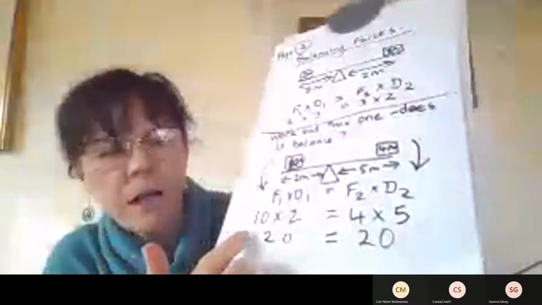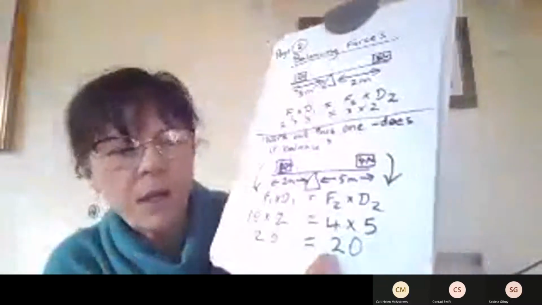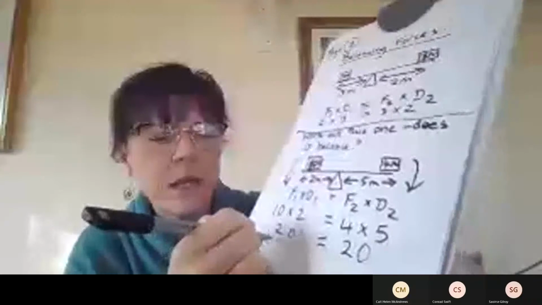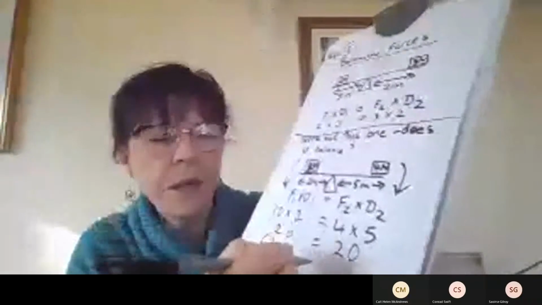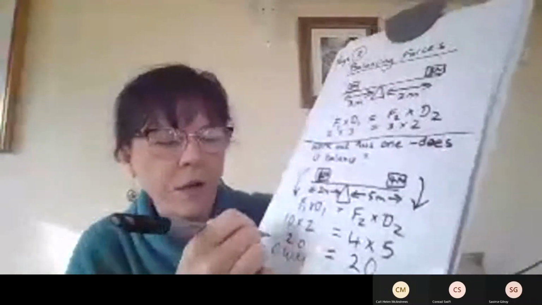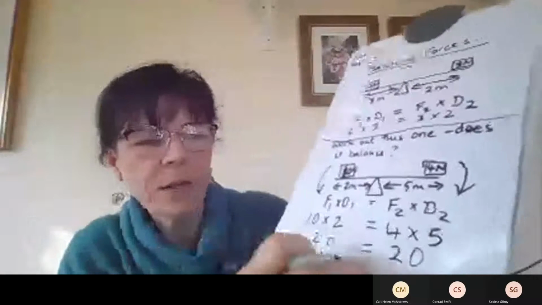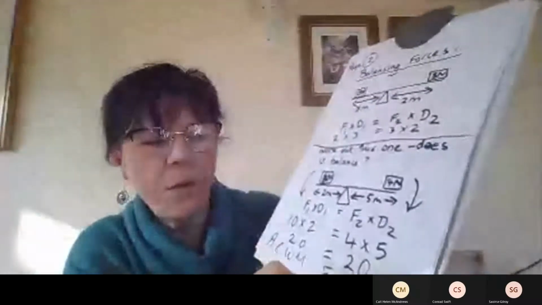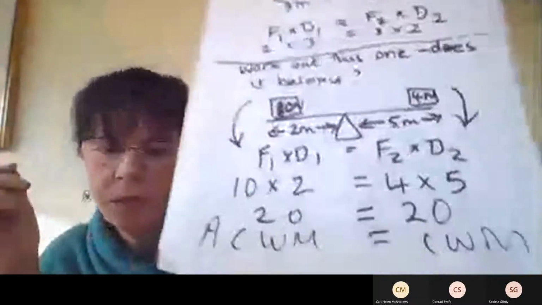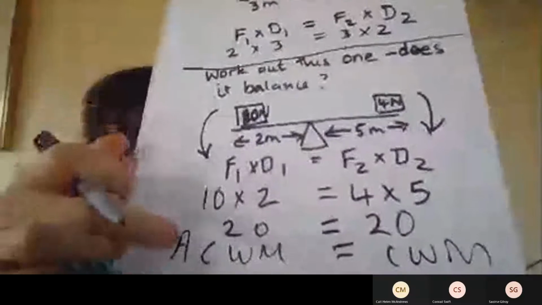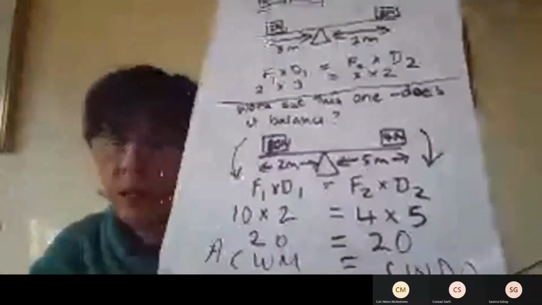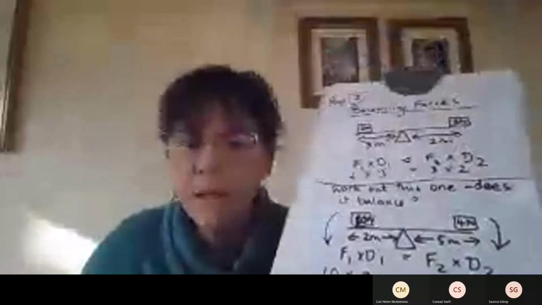So we call these the clockwise moments and we call these the anti-clockwise moments. So anti-clockwise moments, ACWM, and I've done that wrong. That's anti-clockwise. And on this side, clockwise moments, CWM. So anti-clockwise moments equals clockwise moments. The seesaw is balanced.